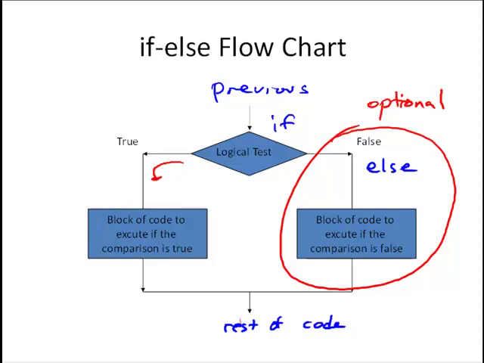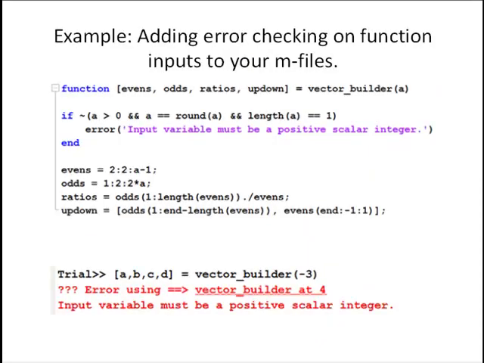So here's an example of where you might use this, and that would be in adding error checking on function inputs to your M files. This is a problem from homework 4 where you had to build a function that outputted 4 vectors, evens, odds, ratios, and up, down with one scalar input.